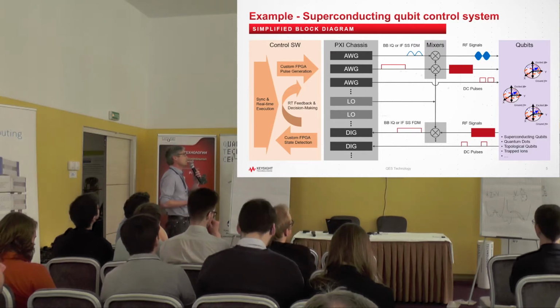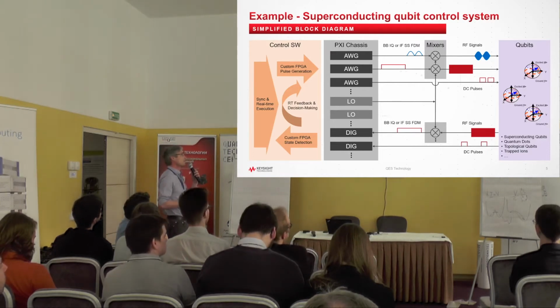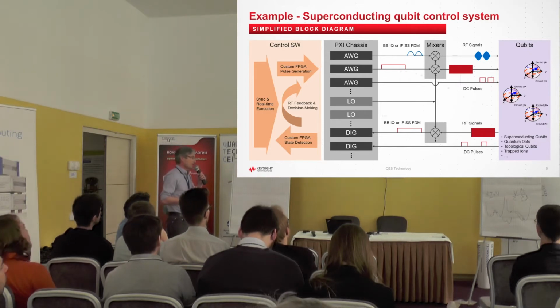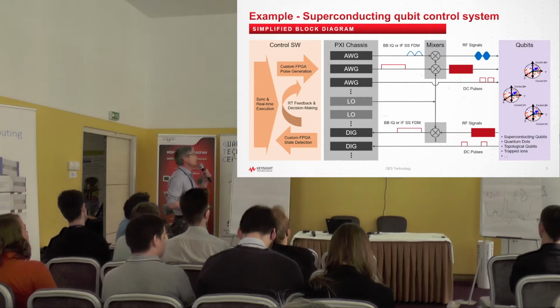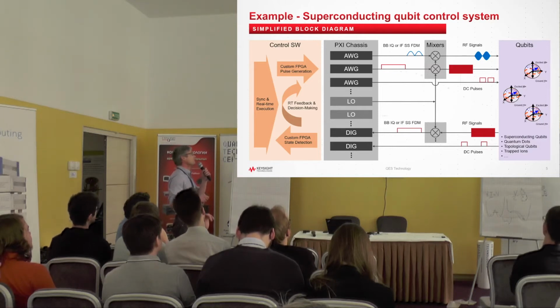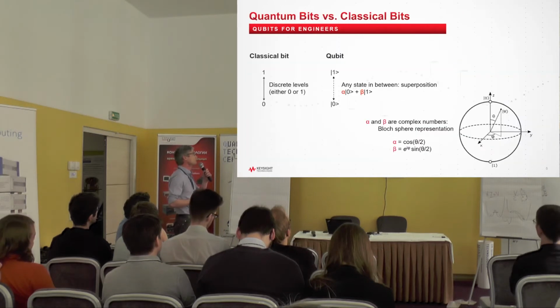Here you have different components from the hardware side and the software side. I will come back to this later, but first I would like to speak about qubits and what is required from an experimenter to control this system.